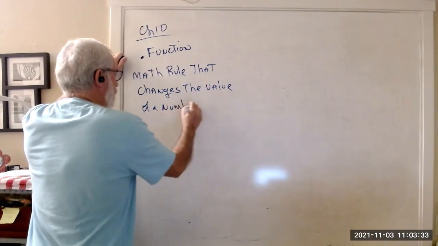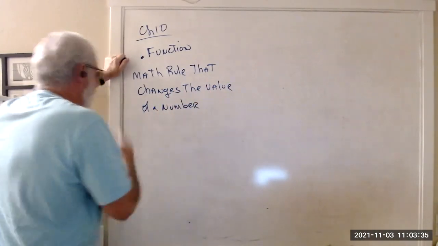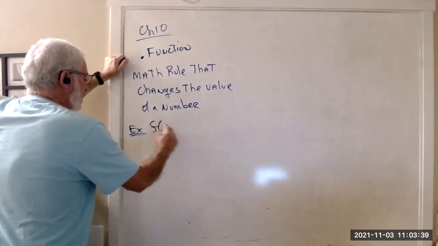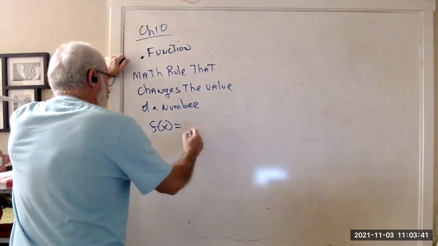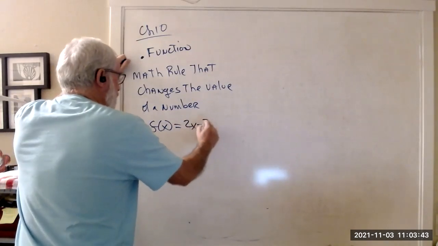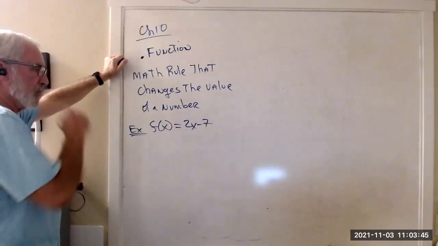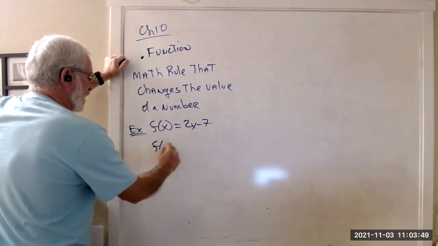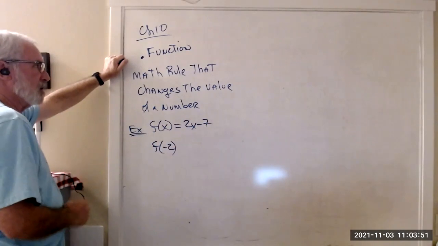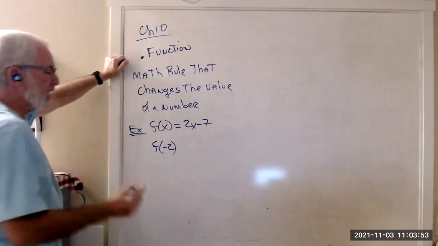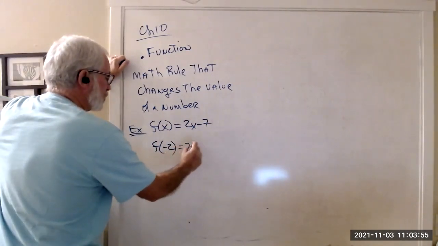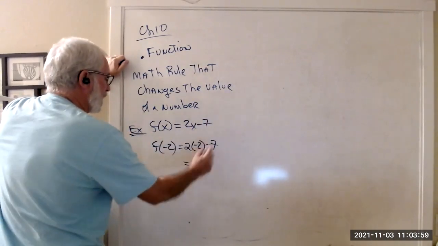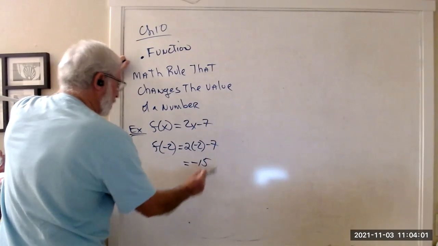Okay, so for example, I said if we had f of x equals, I don't know, like 2x minus 7, then I ask you to find what is f of negative 2. And all you had to do was go 2 times negative 2 minus 7, work it out and get negative 15. No, negative 11.